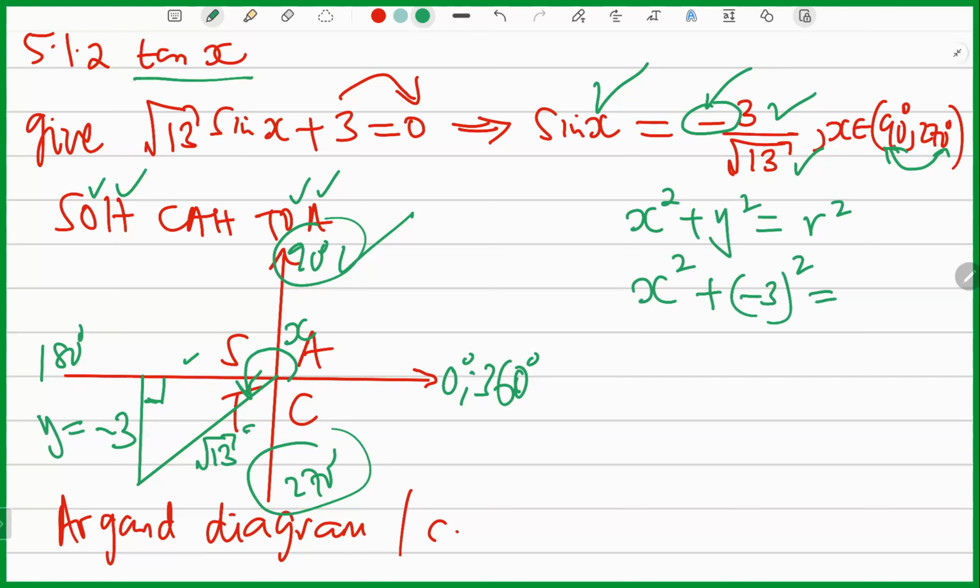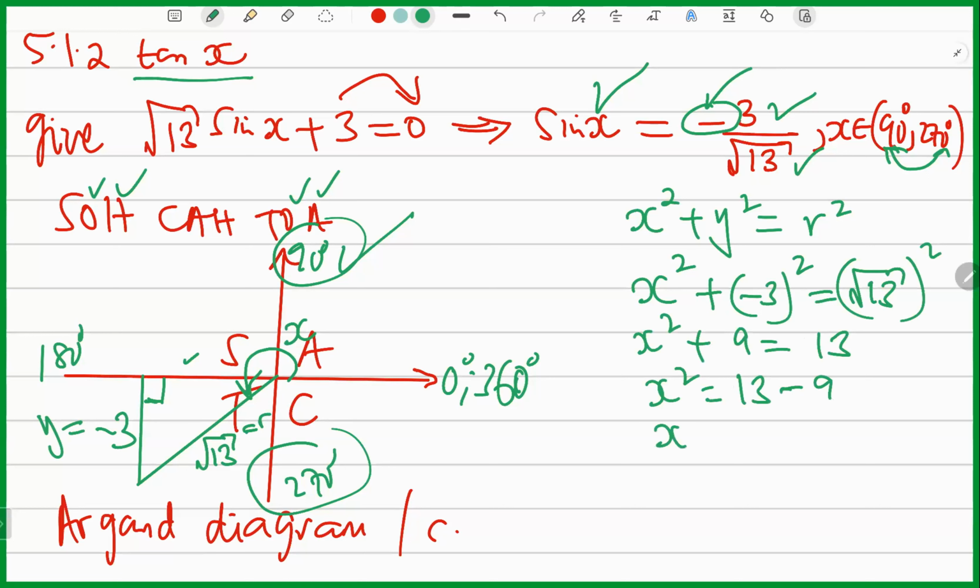Our r is this one here, and our r is the square root of what? Of 13, which we square. And this is exactly x squared plus 9 equals what? Equals exactly 13. So which means x squared is 13 minus 9. What is 13 minus 9 effectively? Right, so it is exactly 4, okay?